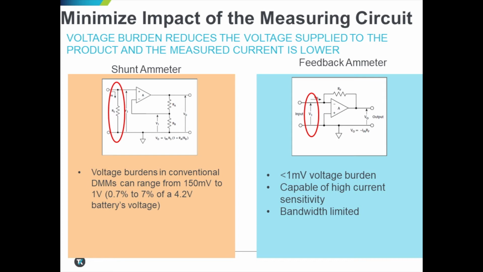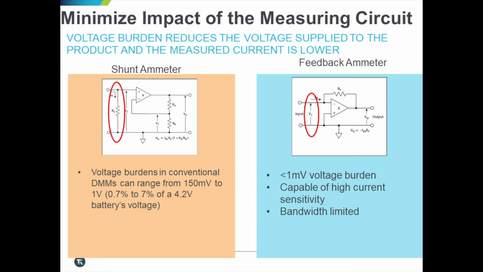Now the shunt ammeter approach puts a resistor in the circuit and measures current by measuring the voltage across the resistor. Even good conventional DMMs can add approximately 150 millivolts or more to the circuit in terms of voltage burden. So in this example, you can see that there's a lot of potential error that is added in relationship to the 4-volt lithium-ion IoT battery that we've been talking about.